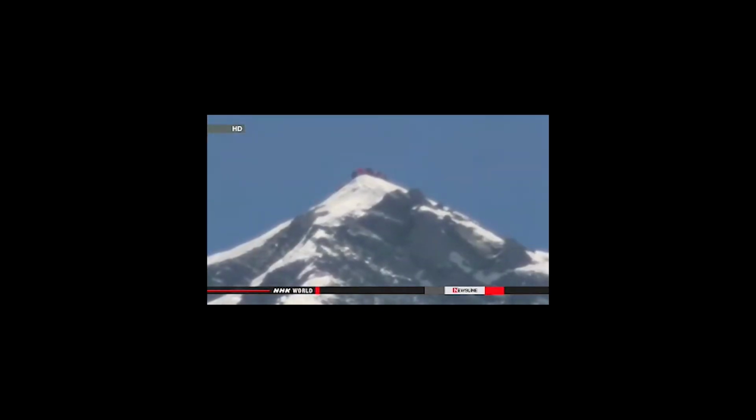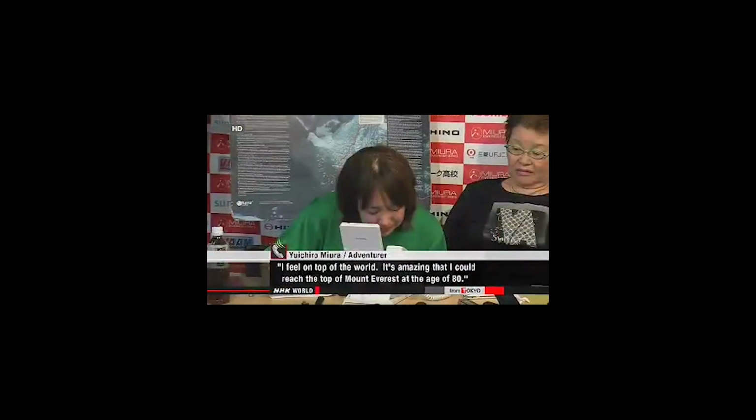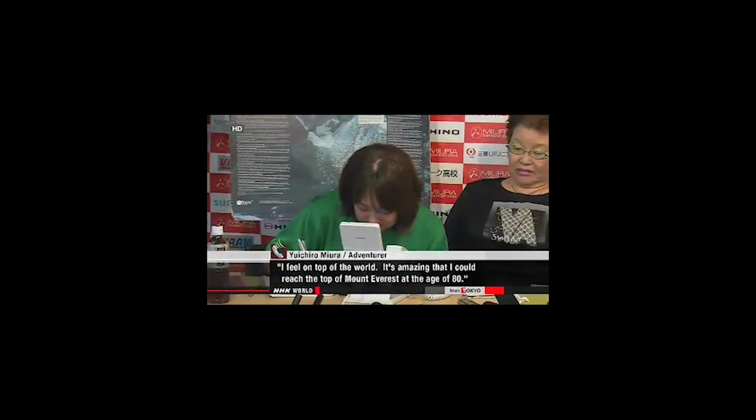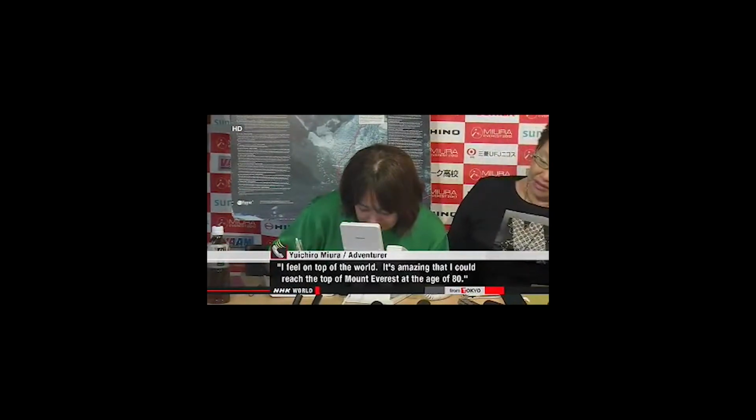Around 12:15 Japan time, Miura reached the summit of the 8,848-meter mountain. Miura's achievement at the age of 80 has encouraged the young and the elderly.